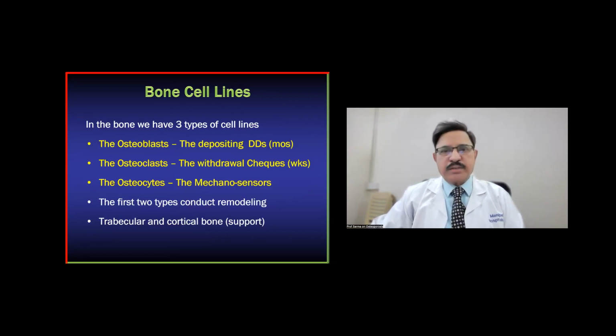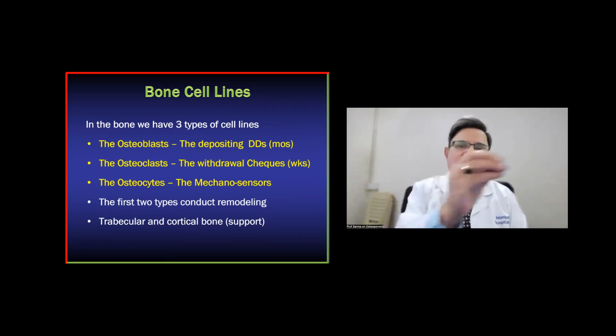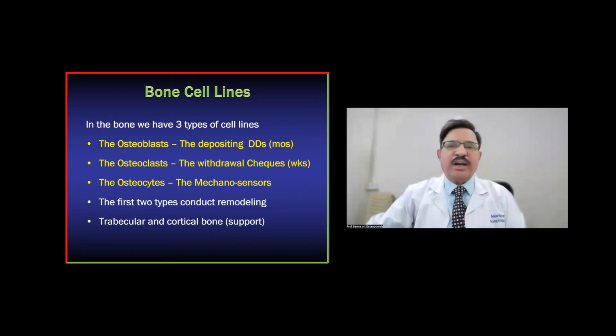Bone cell lines. What are the cell lines which operate in the bone? Osteoblast, osteoclast, osteocyte. Osteoblasts deposit the calcium, like depositing demand drafts. The withdrawal checks are the osteoclasts.